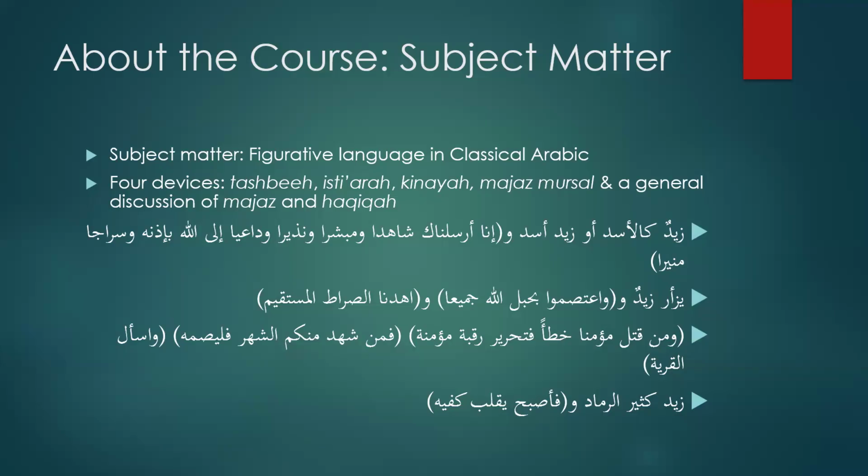So what is the connection between isti'ara and majaz mursal? They're both majaz. The words aren't being used literally, as opposed to Zaydun Asad, or as opposed to Ar-Rasul alayhi salatu wassalam, Sirajun Munir. Those words are being used literally. Here, the words are not.